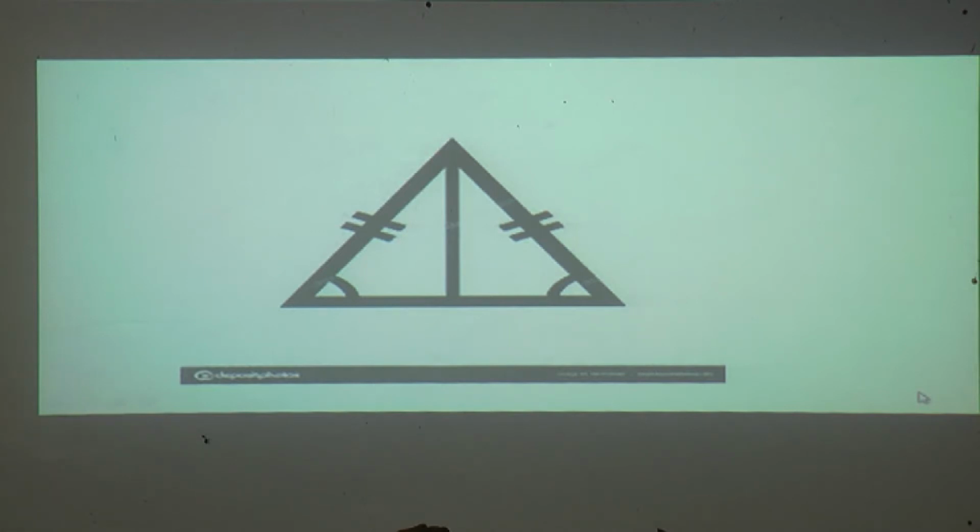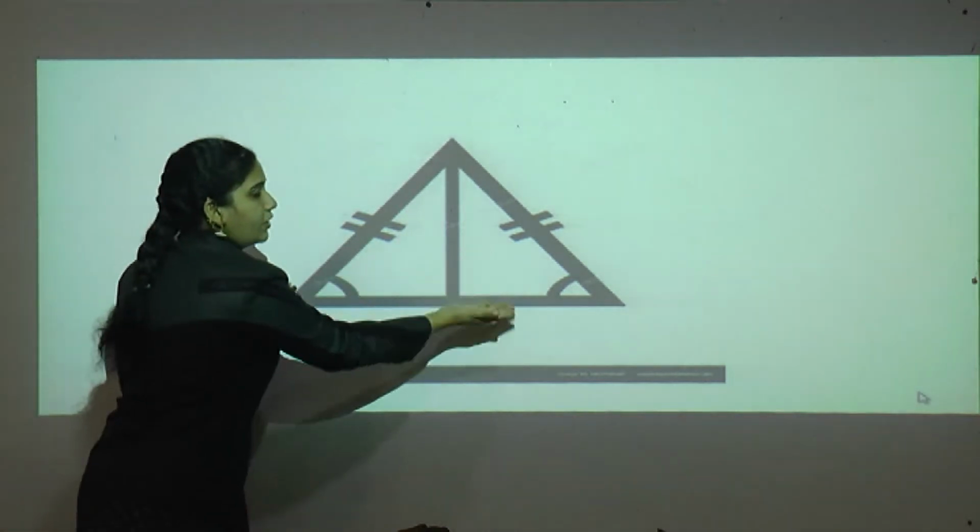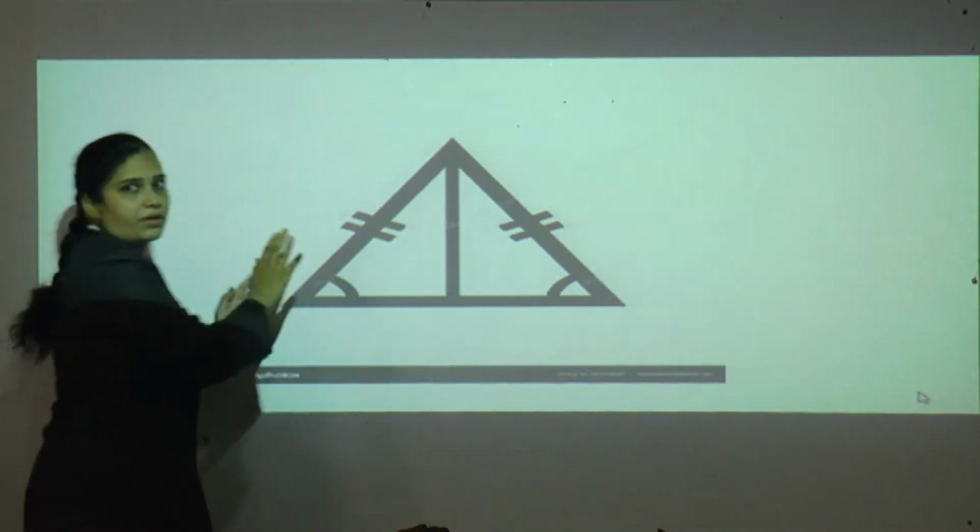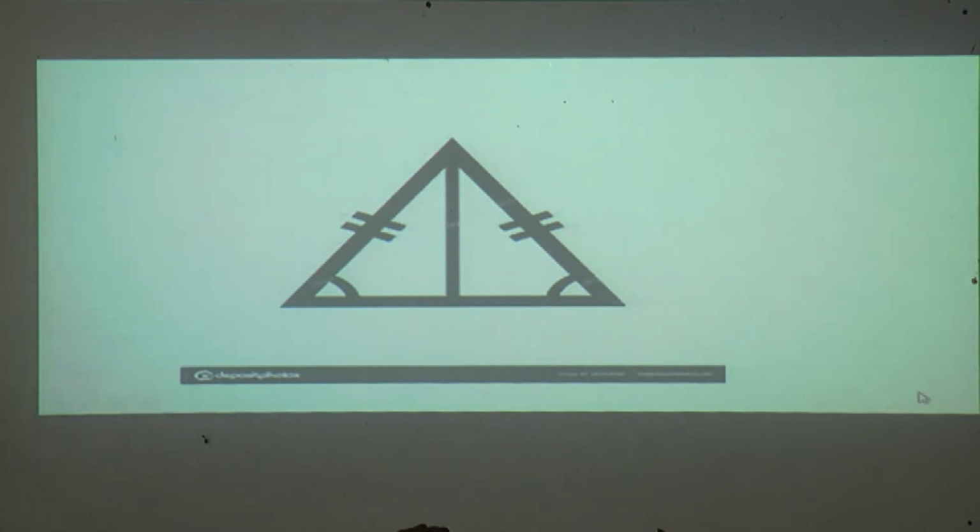If the part on the right is taken over the left, we see that they overlap exactly. The two parts match exactly when folded along the line. Now students, see here.